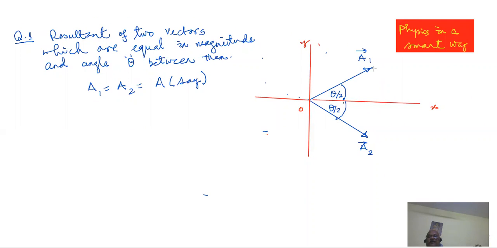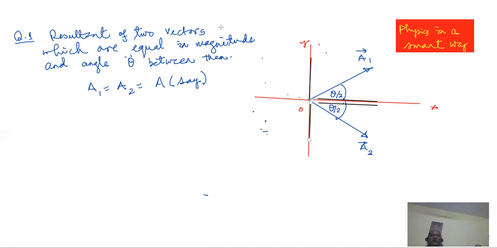If we break down A1 and A2 into their components, A1 will have an x component which is towards right. Similarly, A1 will have its y component which is upwards. Similarly, A2's x component will be towards right and A2's y component will be downward.